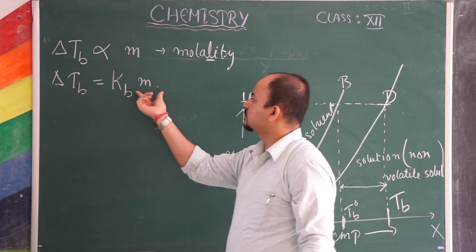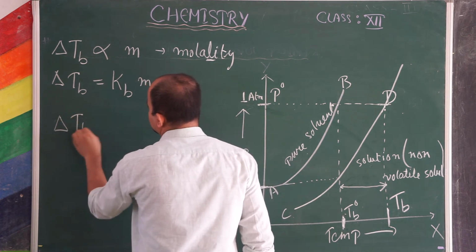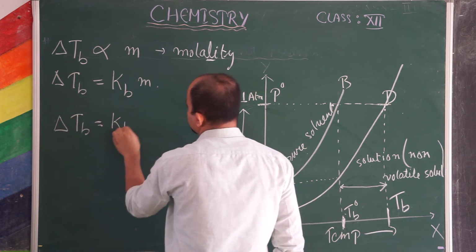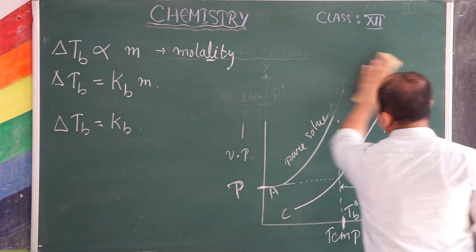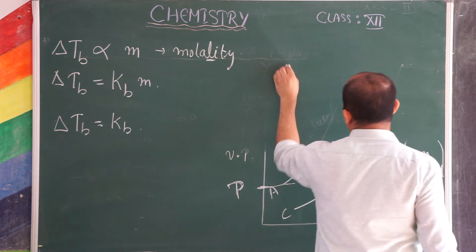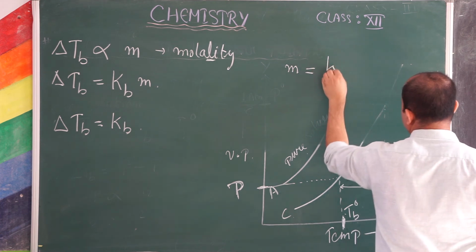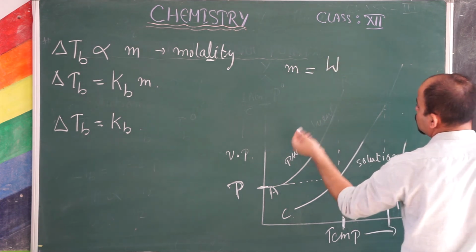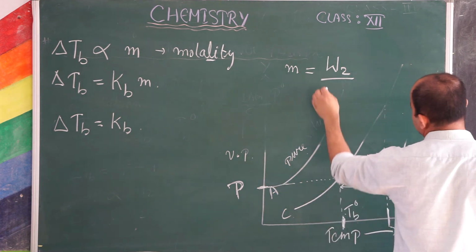Now you know the expression for molality. This delta TB will be equal to Kb, and you know molality, small m, will be equal to weight of the solute, that is W2. The 2 is taken for solute, I have told you in previous video also.